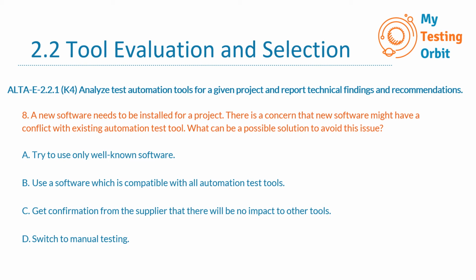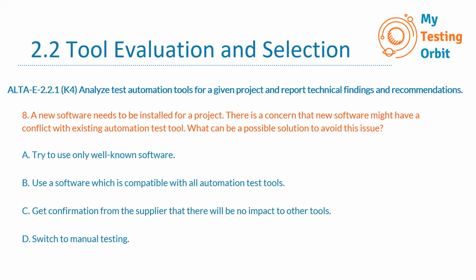And the reason is that whenever you are installing any new software for a project, you always need to see how it works with your existing tool stack, and whether it will be compatible with that or not. The best way to check is with the supplier, because you haven't purchased the software yet.